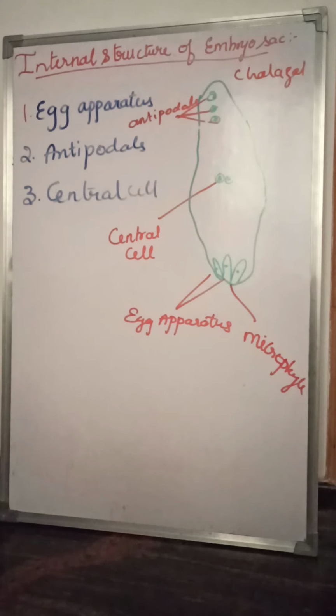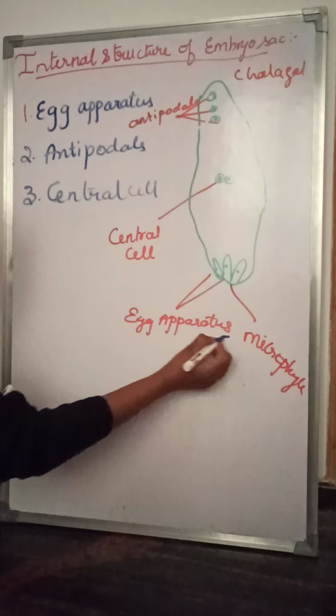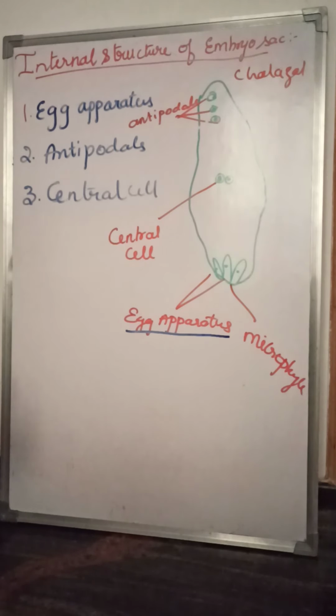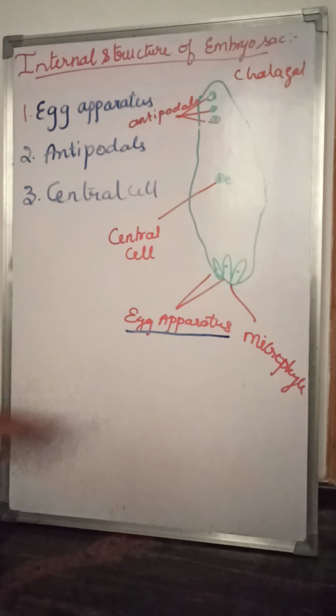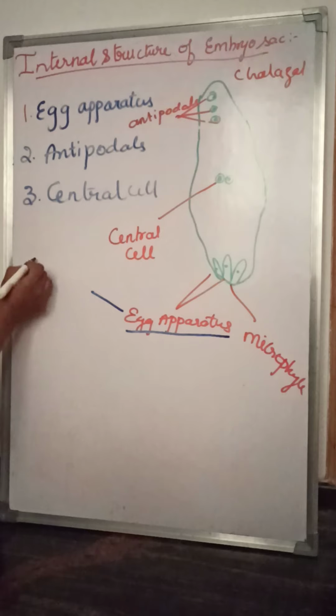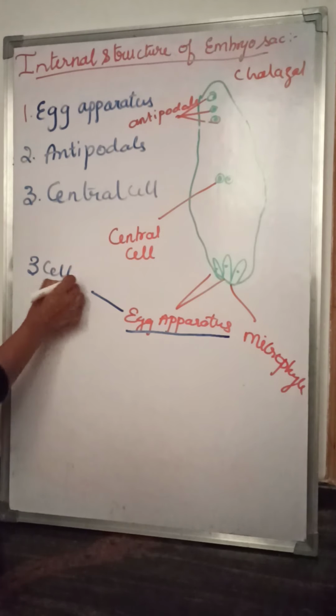And what is this egg apparatus? What are the egg apparatus made up of? They are made up of 3 cells.